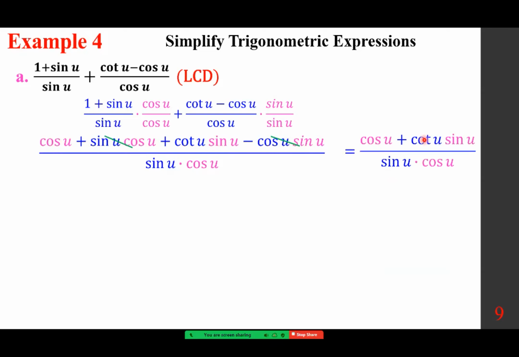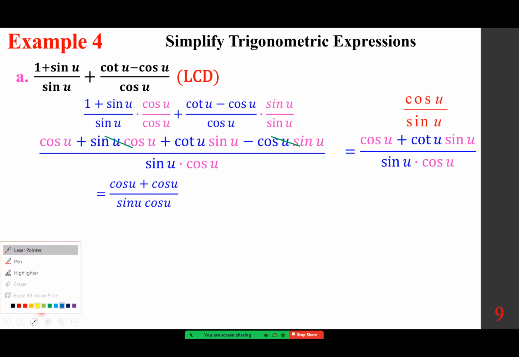What is cotangent u? We remember it's cosine u over sine u. When we multiply this by sine u, the sine u cancels out. You get cosine u plus cosine u in the numerator. So everybody, let me show you this. Because it gets multiplied by sine u, it changes to cosine u.